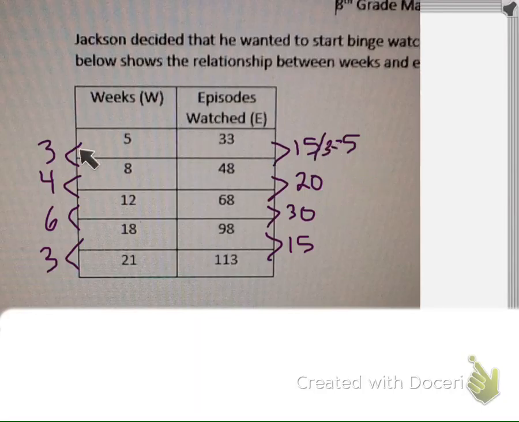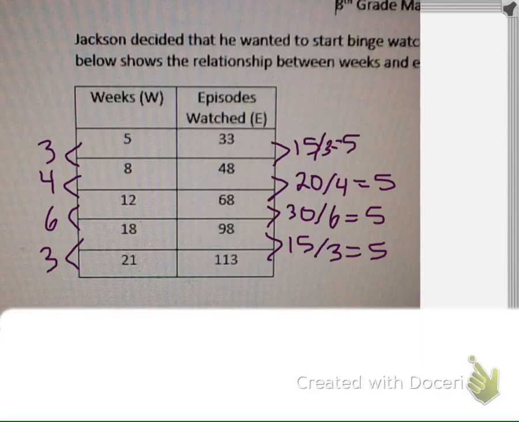Okay, 15 divided by this 3 is 5, but then 20 divided by this 4 is then 5. Now 30 divided by 6 is 5, and 15 divided by 3 is 5. I always want to do the y number divided by the x number.